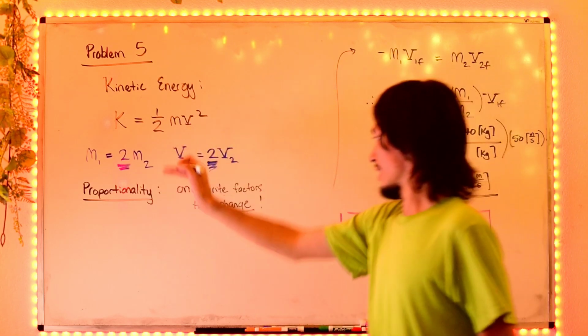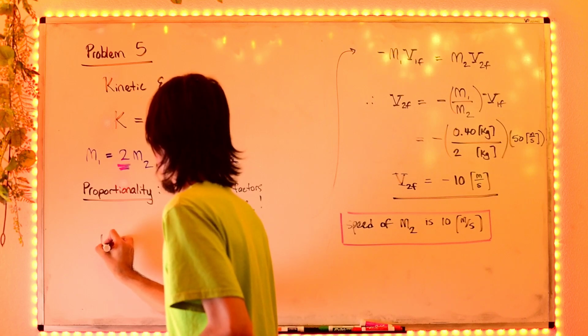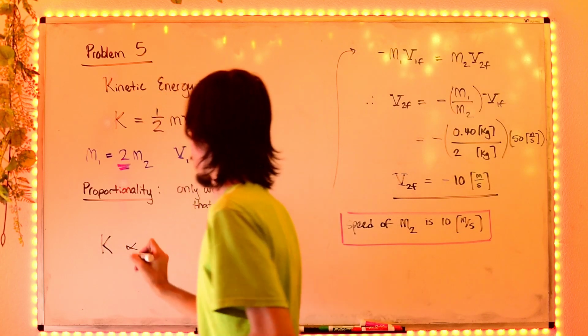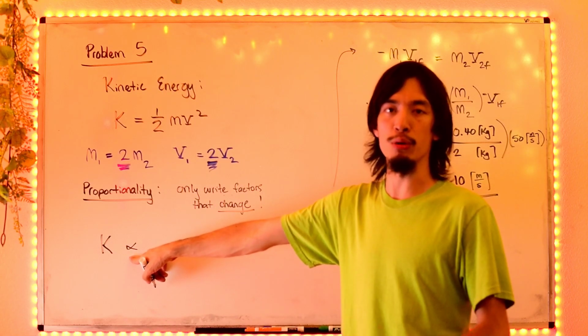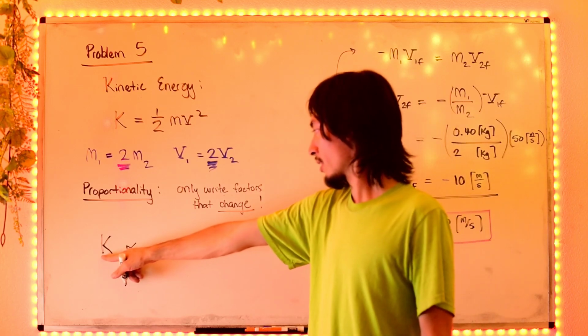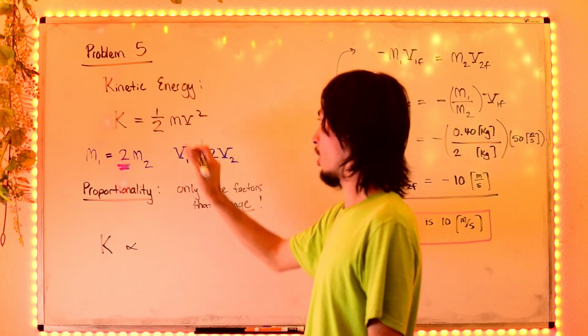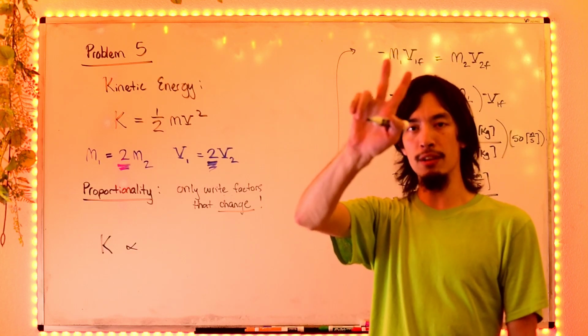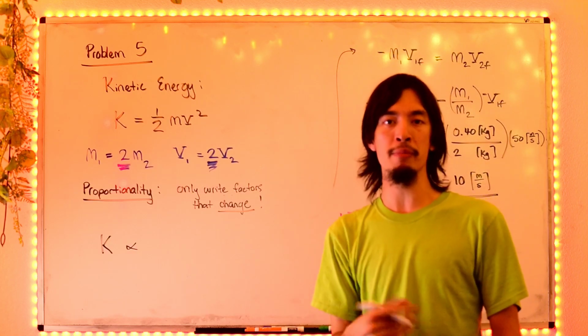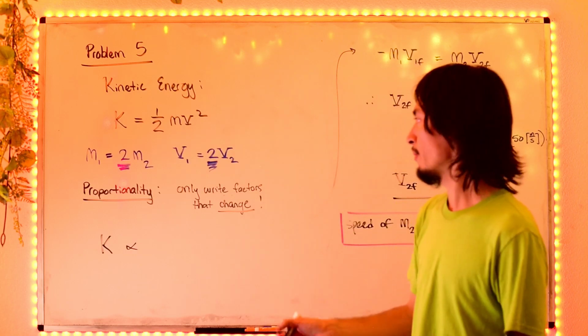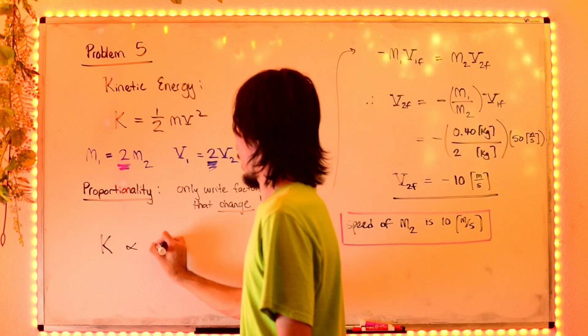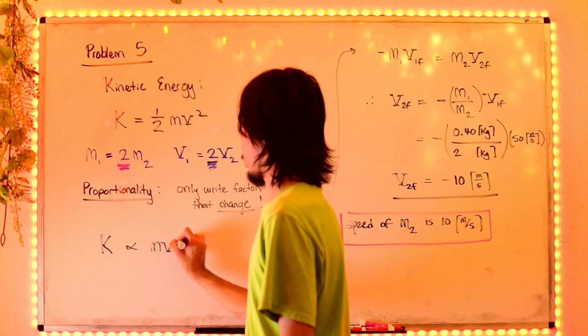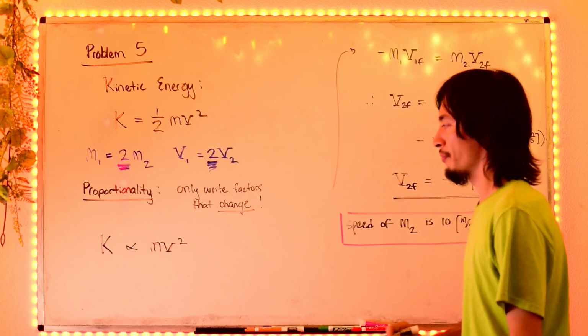So for instance, the kinetic energy is proportional to, you use this little fish symbol, K is proportional to, so the only things that do change are the mass and the velocity. We ignore the 1/2 because it stays the same no matter what. So it's proportional to m, but v is squared, so you keep this squared.